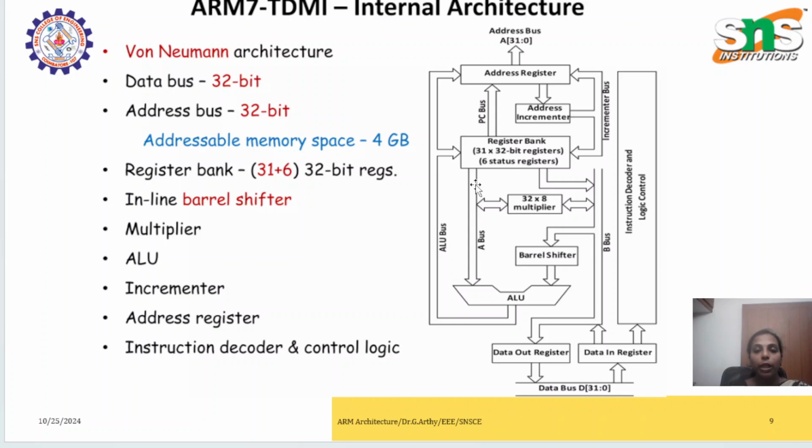One input to the ALU will normally be received from the register bank and another will be through the barrel shifter. The outputs are placed in the data out register, and the input is received through the data in register. Here we have the instruction decoder and logic control. This is the architecture of ARM.